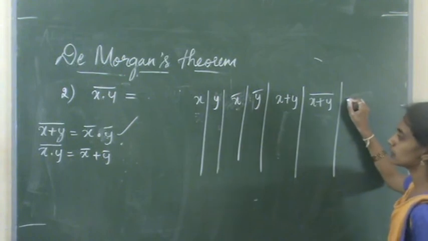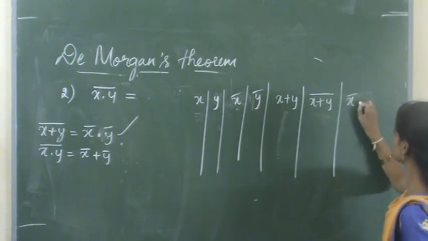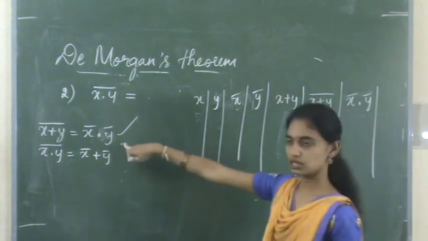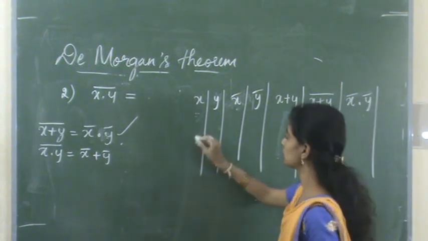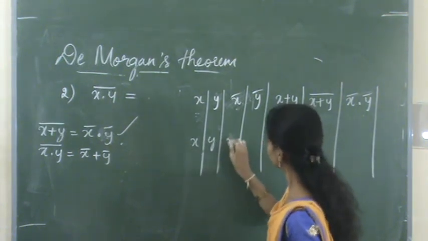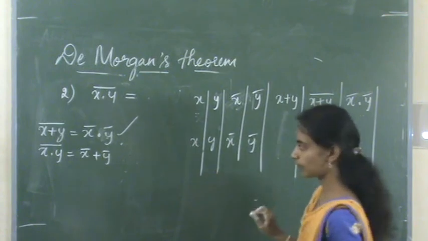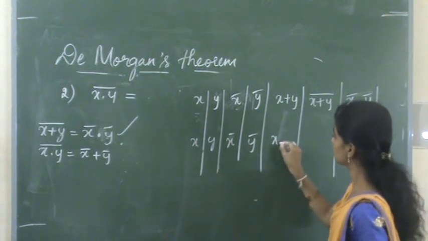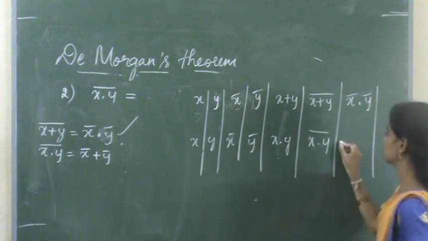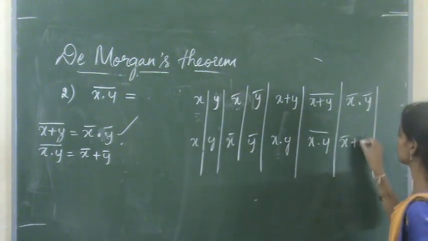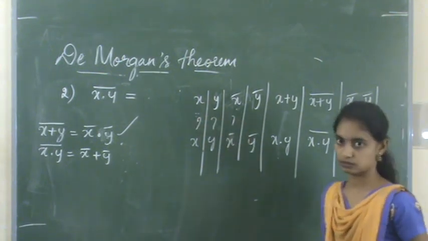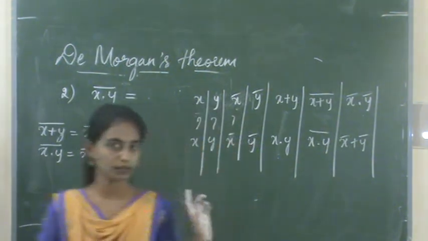Okay, so next we need to find x bar into y bar. Okay, so this is for the first theorem. So for the second theorem also, first we need to write x, y, after that find x bar, y bar, then find x into y, and then x into y whole bar, then x bar plus y bar. Okay, so you have to fill in the values. Okay, write the truth table for this.